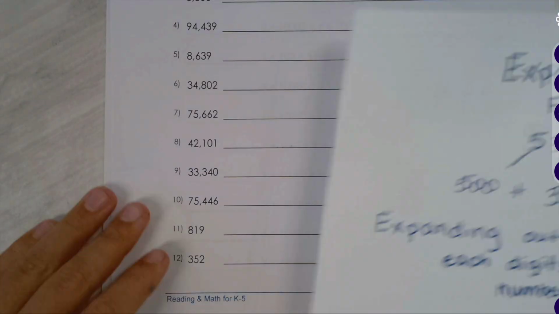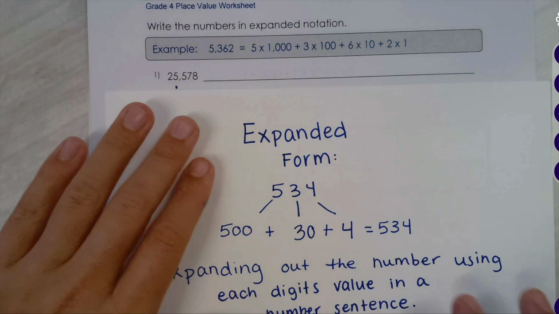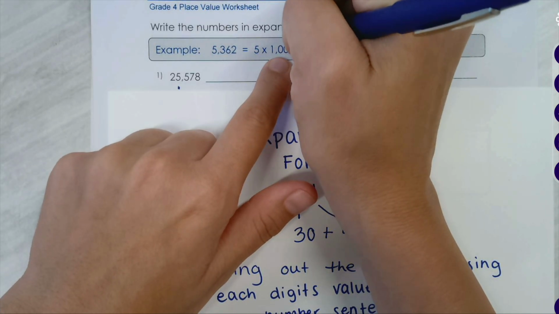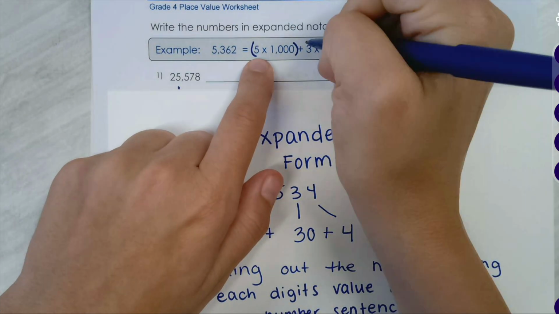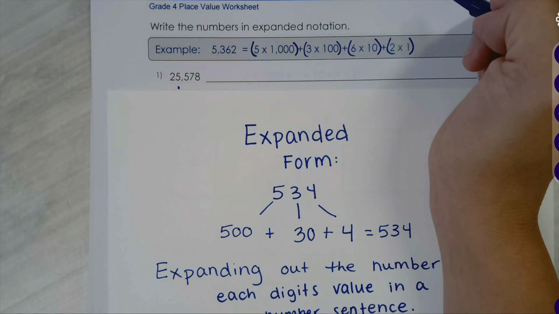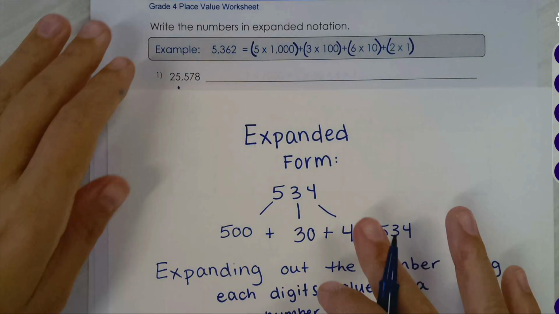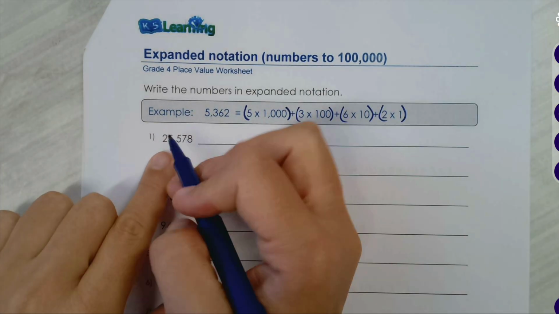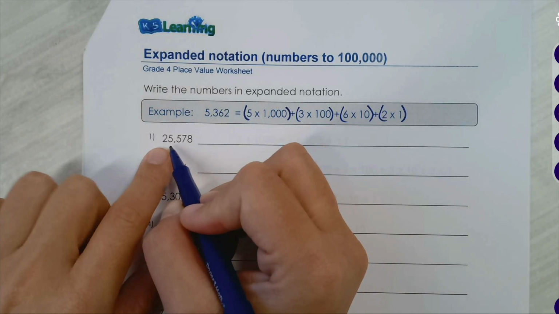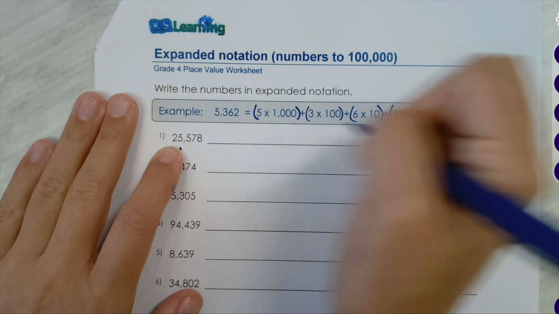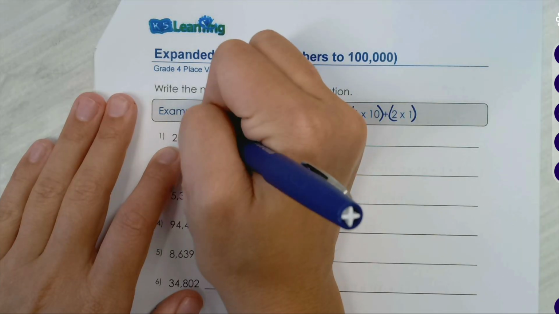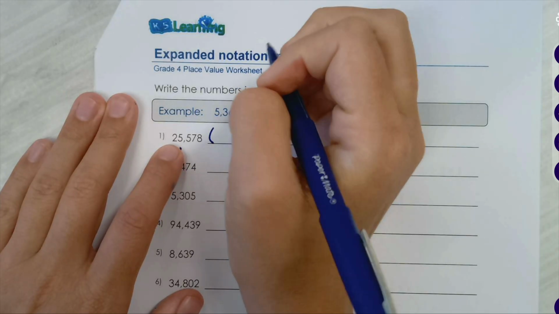So we'll start with our first number here. And actually, I don't really like our example because they don't use the parentheses, and to me it makes it harder to see. So I'm just going to make them myself here. I like to use the parentheses so I can see what I'm doing better. Okay, this number says 25,578. It goes all the way to the 10,000s place. So when I am writing my expanded notation equation, I need to start with how many groups of 10,000s there are.